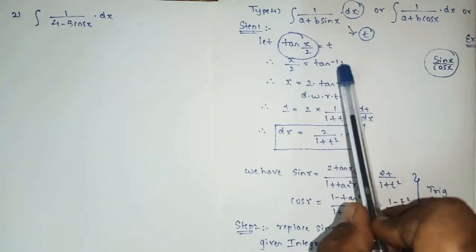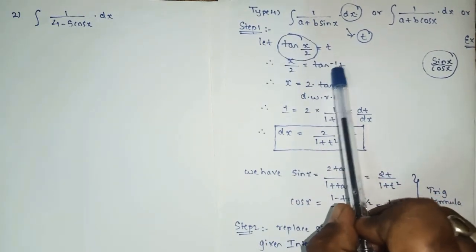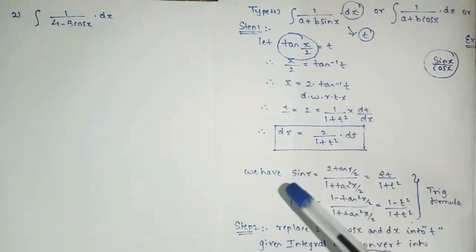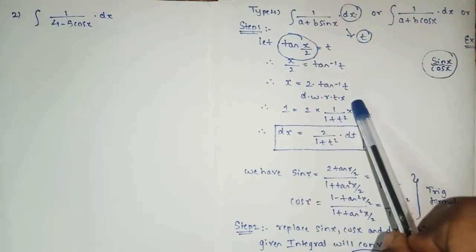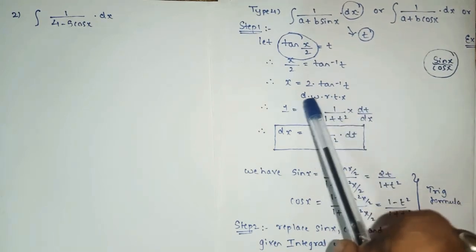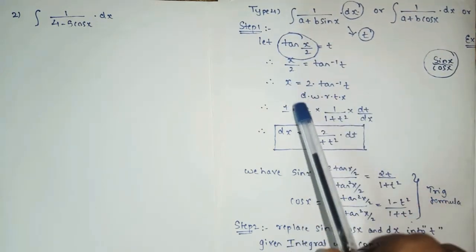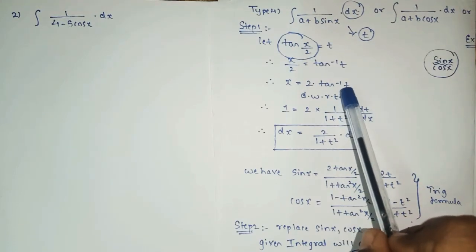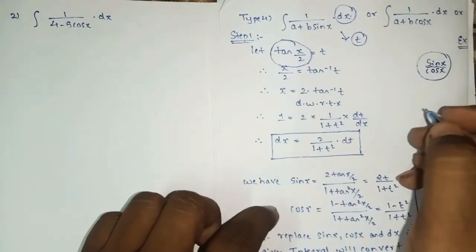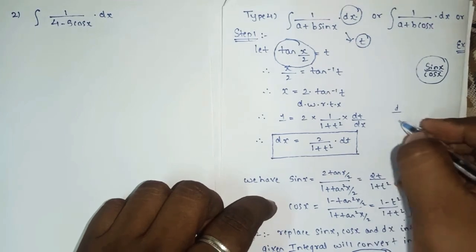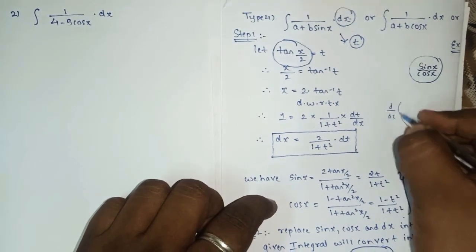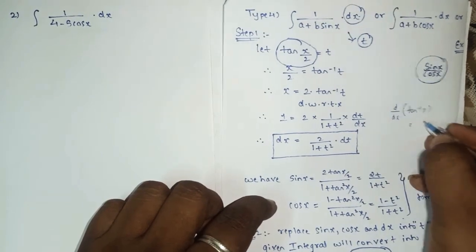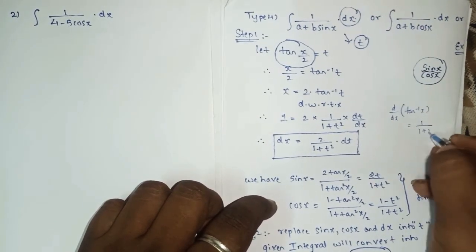Shift this tan to that side, so it will be tan inverse t. Shift this 2 to the right hand side. Then take the derivative with respect to x. As we are differentiating with respect to x, the derivative of x will be 1. This 2 is constant. The derivative of tan inverse x is 1 upon 1 plus x square.